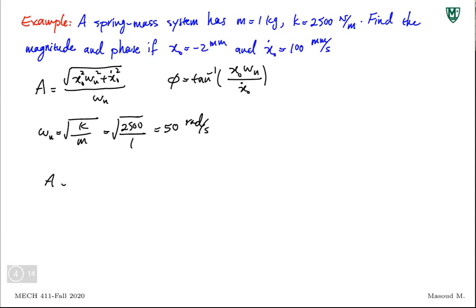So A now becomes a square root. Well, x naught is minus 2. Did I convert that? I guess I just went with millimeter, which is not a good practice. You guys try to convert everything into the SI system. Minus 2 squared, omega n is 50 squared, plus x naught dot squared, which is 100 squared, divided by omega n, which is 50.